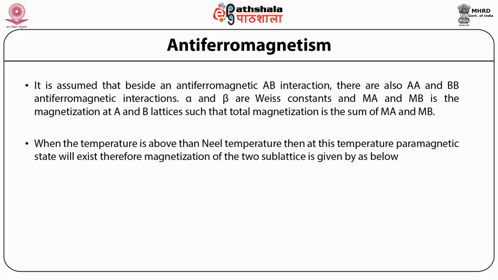Therefore, the magnetization of the sublattices is given as M_A equal to N μ_J² over 3 k_B T into B_A, and M_B is equal to N μ_J² over 3 k_B T into B_B.